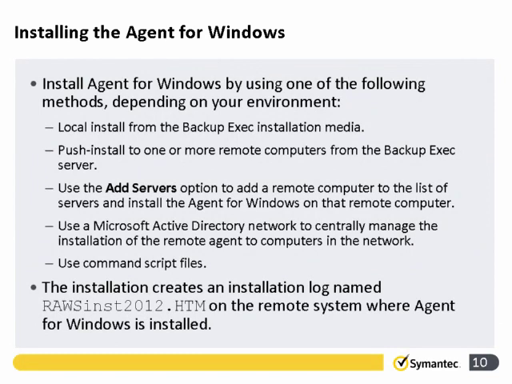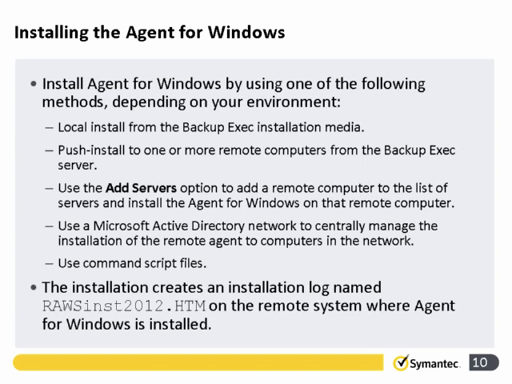There are many, many methods for installing the agent for Windows. You can do a push install from the Backup Exec server. You can install it from the Backup Exec installation media if you burned a DVD. You can use the Add Server option in the console to add a server and push the agent.